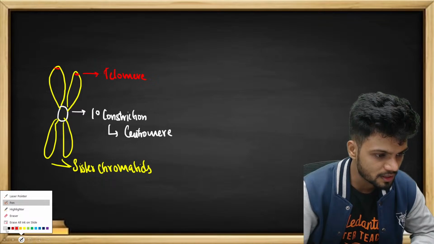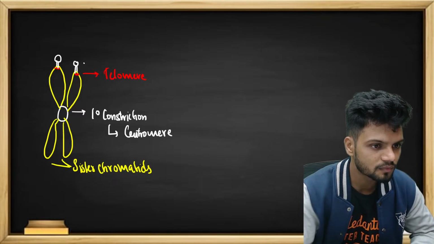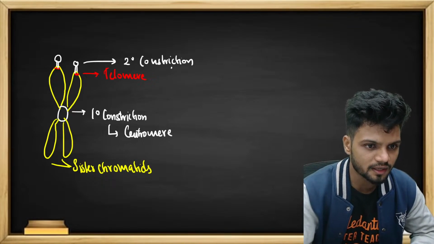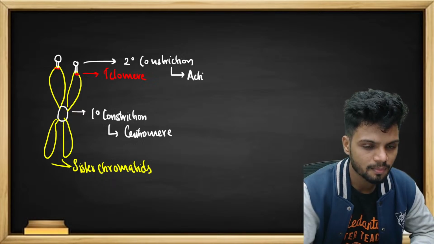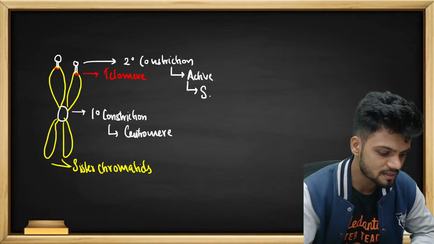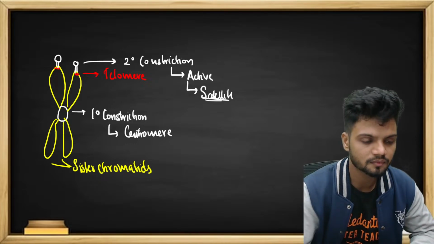Now on this chromatid, there is also a secondary constriction. Can you see? This is called secondary constriction. Secondary constriction is transcriptionally active, and the secondary constriction is called satellite.